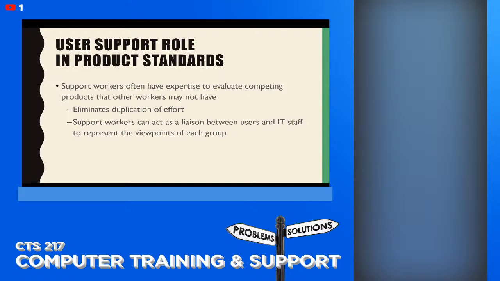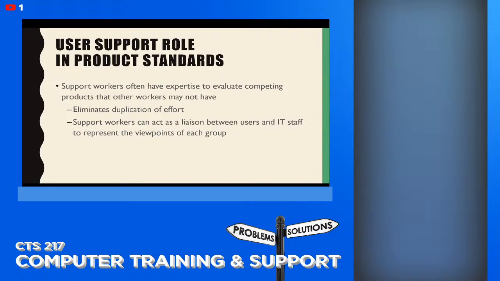Because now, instead of just having a product that works that we can go forward with, we've invested this time and this money into a product that doesn't work. And now we have to go back, reevaluate things, and try to find something that does. So by including you as the support agent in the development of the product standards, the first thing we're doing is eliminating that duplication of effort.